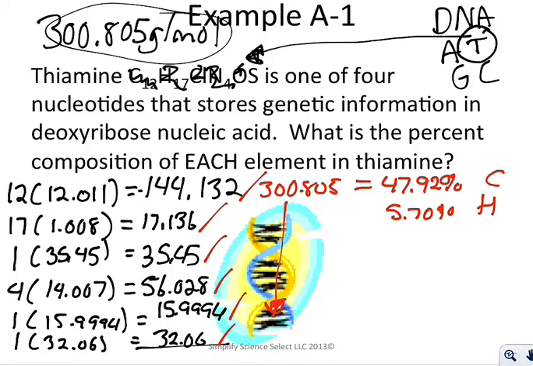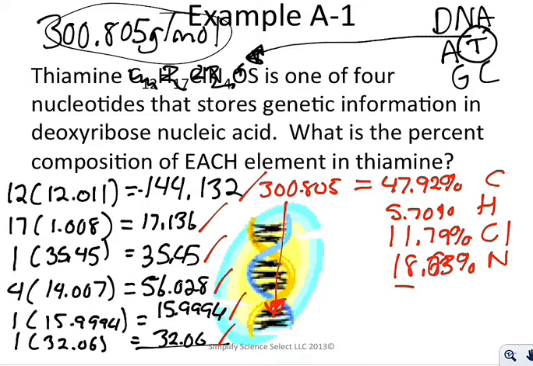For chlorine, it is 11.79%. For nitrogen, it is 18.63% nitrogen. For oxygen, it is 5.32%. And for sulfur, it is 10.66%.